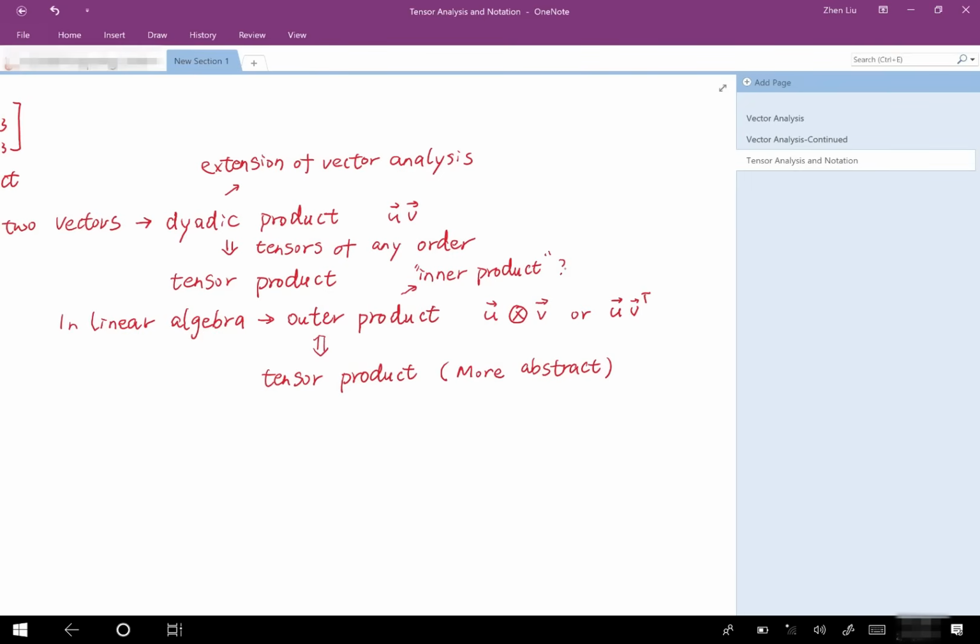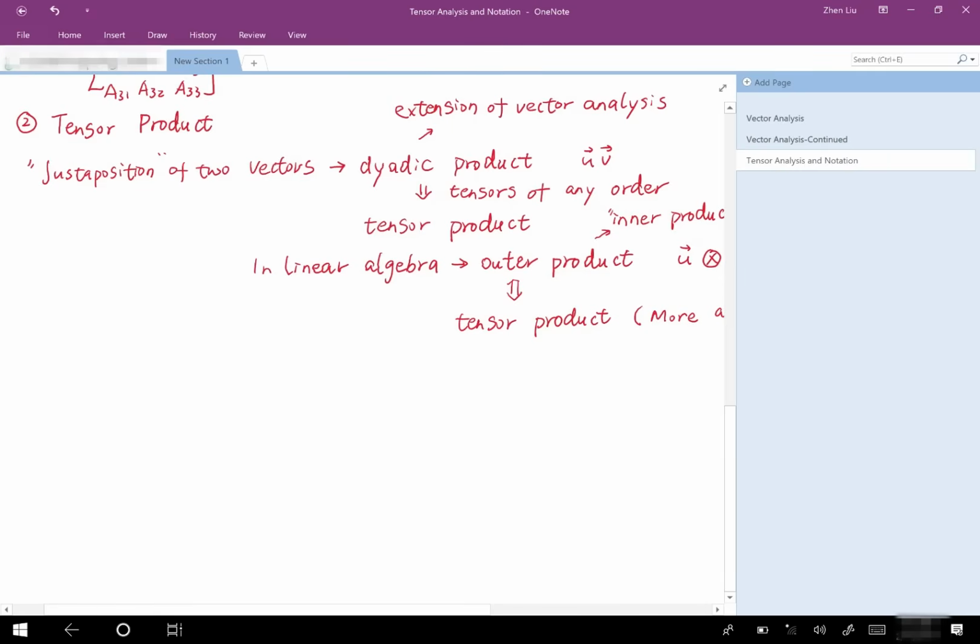We know that cross product is also called vector product, and the dot product is also called scalar product. And dot product has another name called inner product. So it's sometimes very confusing. And outer product is tensor product, but the tensor product is more abstract.